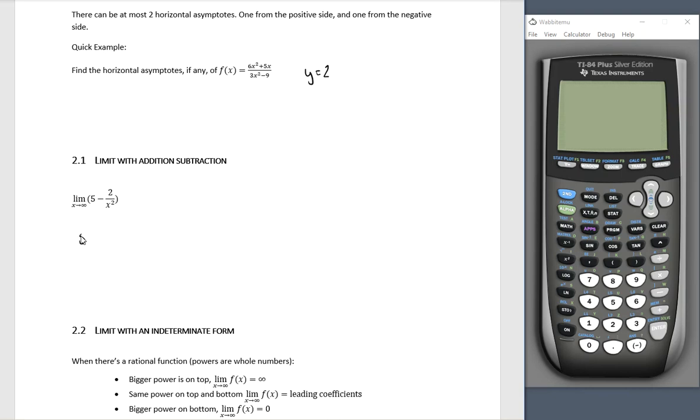I would instead simplify 5 minus 2 over x squared to be 5x squared over x squared minus 2 over x squared, 5x squared minus 2 all over x squared. And this limit, turns out, is easier to find.